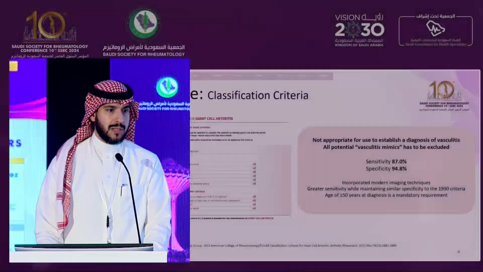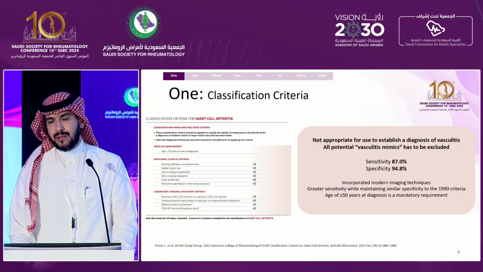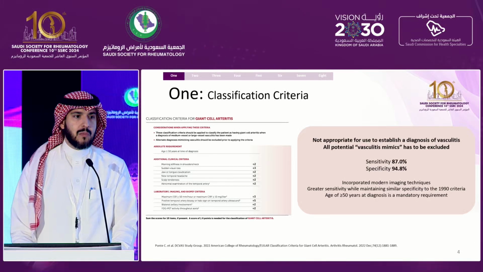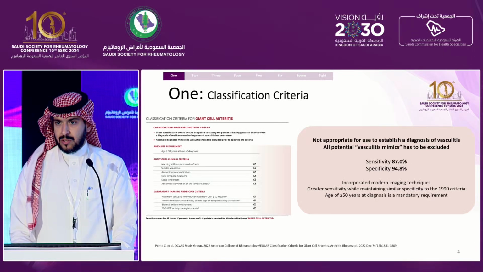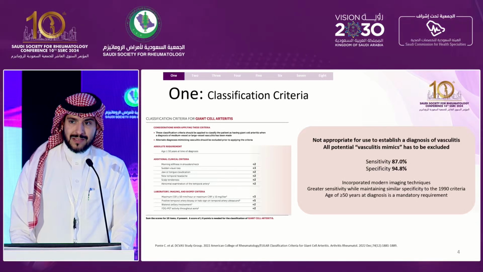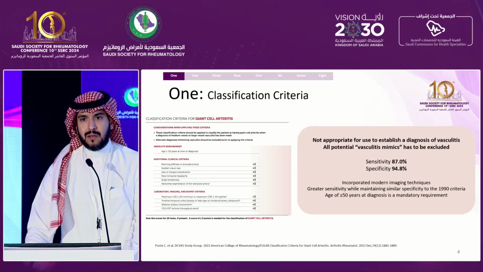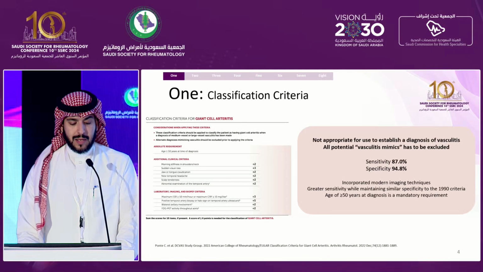So the GCA criteria were published with a sensitivity of 87% and specificity of 94.8%. What is interesting to know is that in this version of the classification criteria, they incorporated more modern imaging technologies into assessing and classifying these patients. For example, PET scan activity on aortitis has a weight in classifying these patients into the diagnosis.